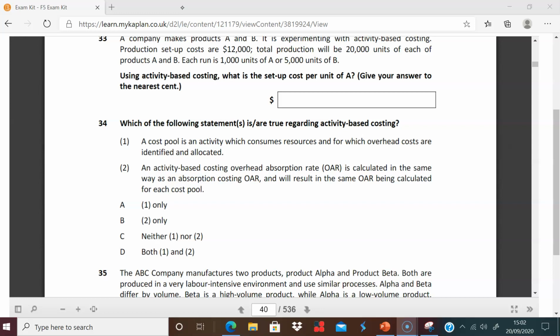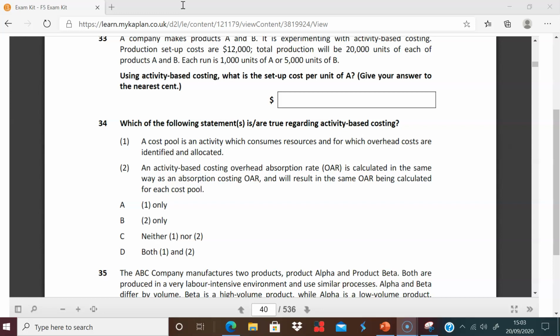Think of it as a pool of similar costs with a related similar driver, because we can't really have a single cost driver for a single cost, it would cost a lot. Sometimes you will have one cost driver causing a range of similar costs, and that's what a cost pool is.